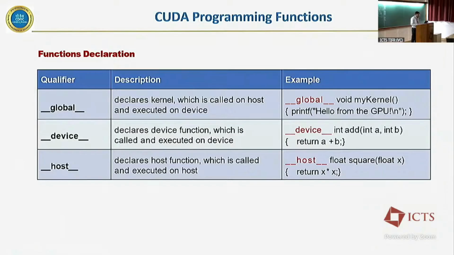But device only runs on the GPU. When you call a global function, you can define device functions within it, because global is first called from the host, then goes to the device on the GPU. Then on the GPU, you can again call the device function and do the operations on the GPU.